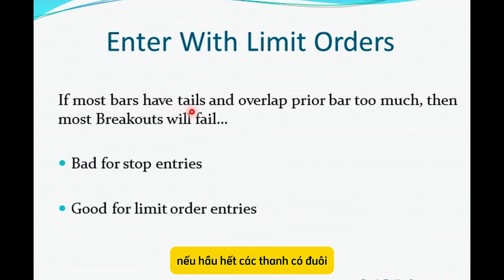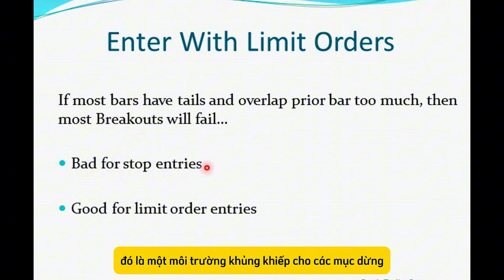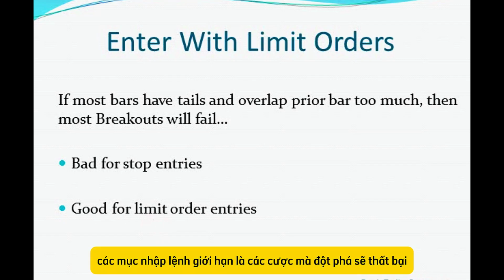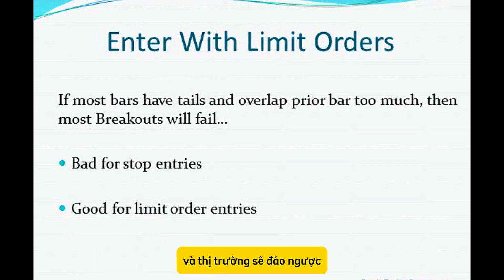Okay, so if most of the bars have tails and there's a lot of overlap, the breakouts will fail. So it's a terrible environment for stop entries and a very good environment for limit order entries. Limit order entries are bets that breakouts will fail and that the market will reverse.